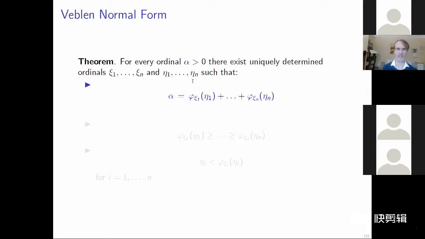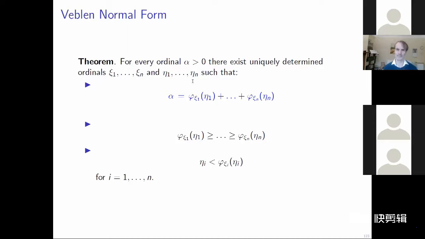Alpha can be written as a sum of terms couched in terms of the phi function, phi psi 1 of eta 1 plus, and so on, plus phi psi n of eta n, where the terms in the sum are weakly decreasing, and moreover, eta i is always smaller than phi psi i of eta i.